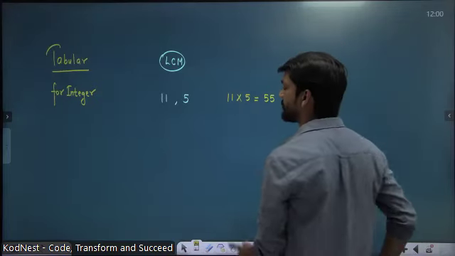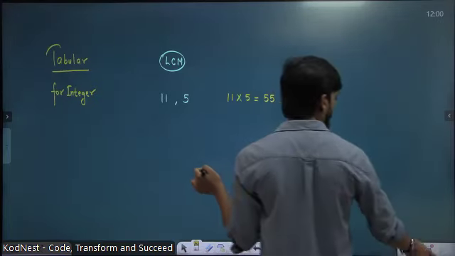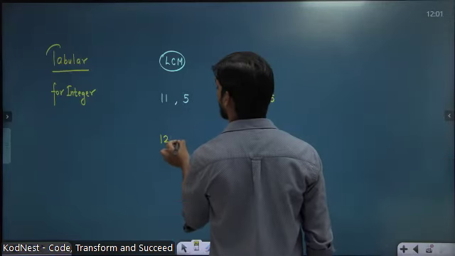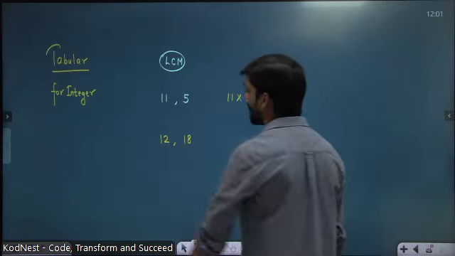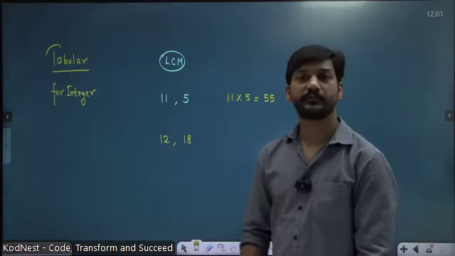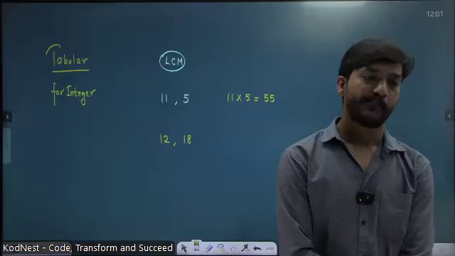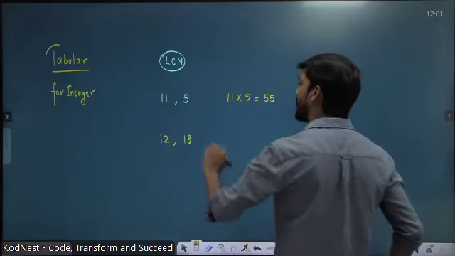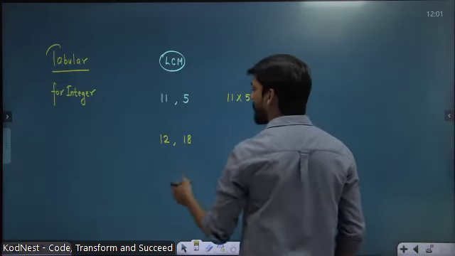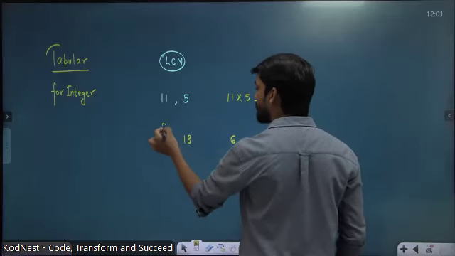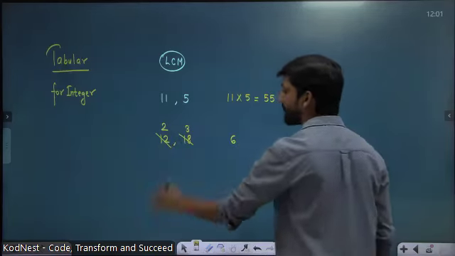Now carefully see. Suppose I say 12 and 18. What is common to these two? What number is common? 6. Maximum you can say 6. So take 6 outside and cancel from both: 6 into 2, 6 into 3.